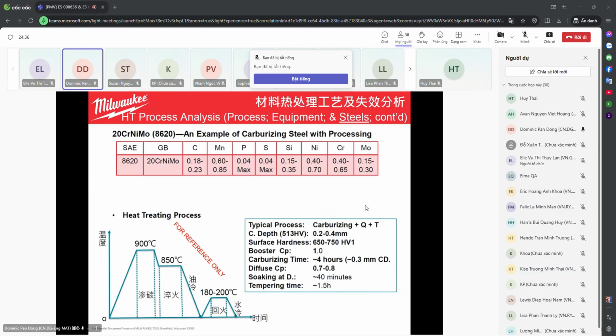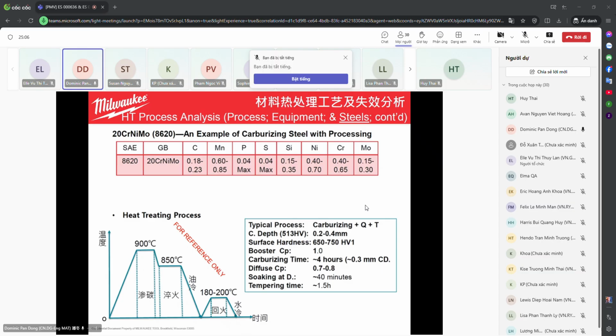And here again, this page shows the typical carburizing heat treatment process for low carbon alloy steel. This is the typical one, SAE 8620 or GB/T 20CrNiMo. That means 20 chrome, nickel, molybdenum alloy. This is the most commonly used steel in TTI.